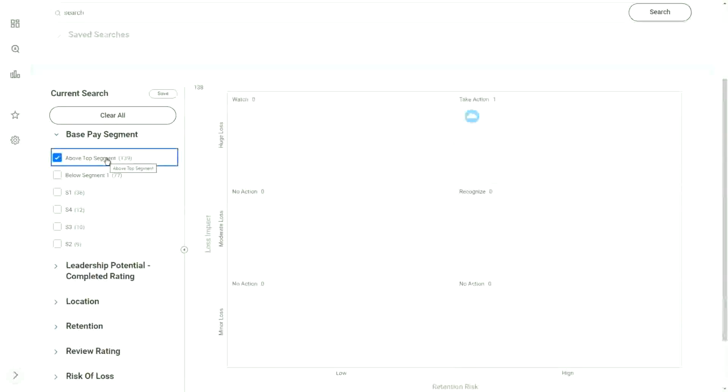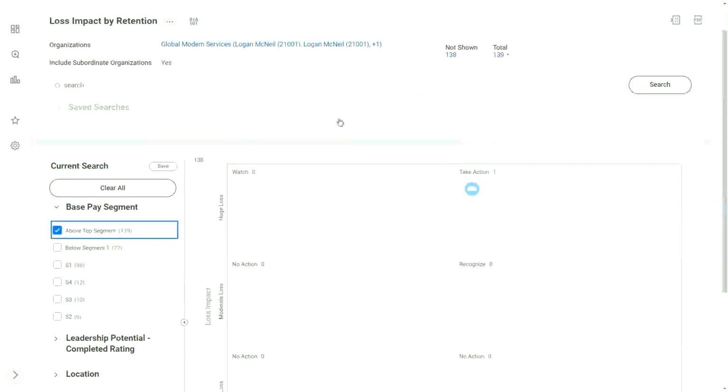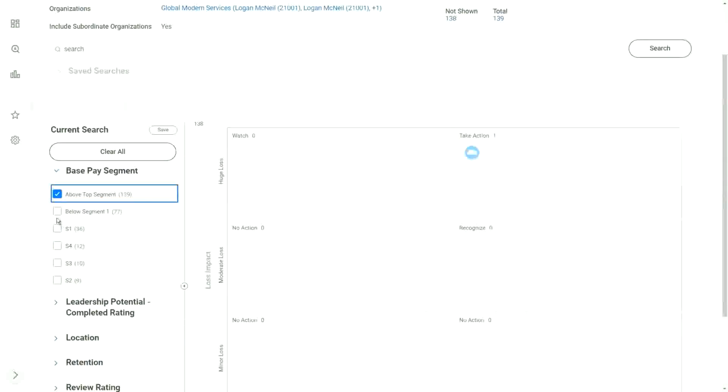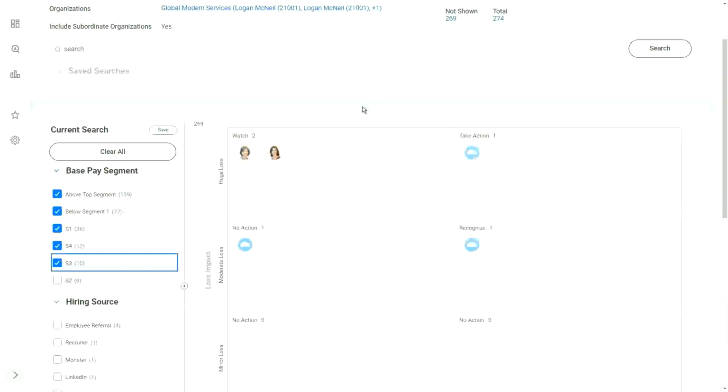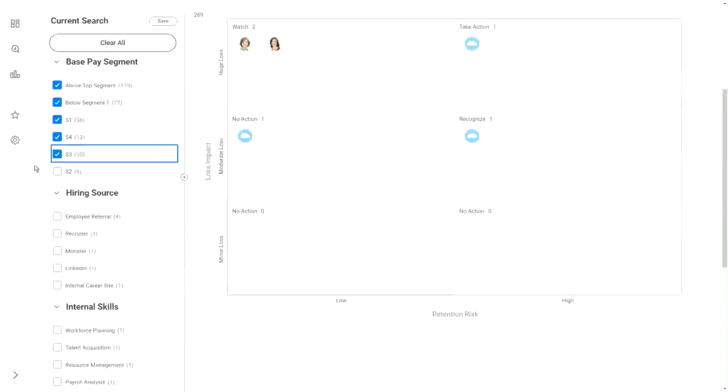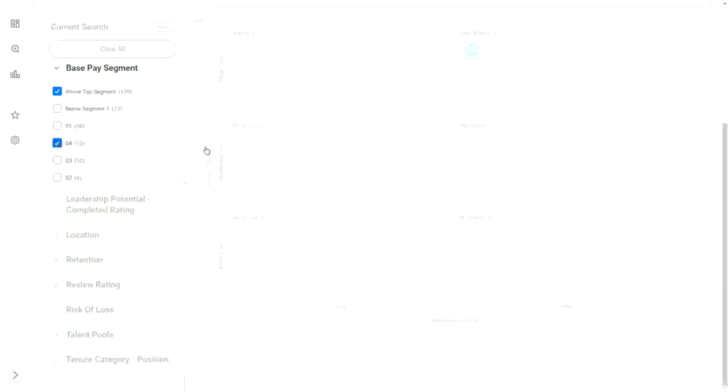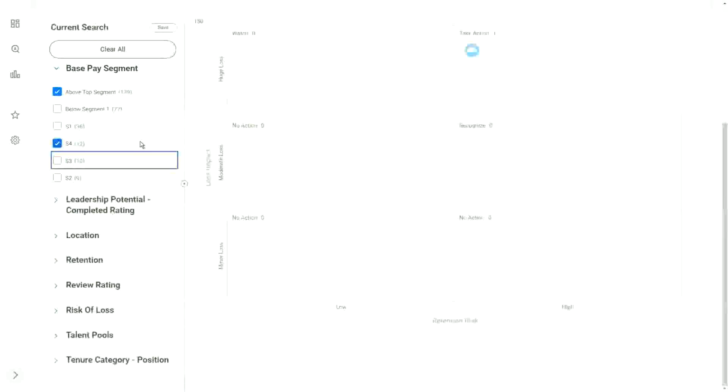Okay, let me select everything. Not shown, 139, not shown. Let me select everything. Okay. Yeah, for some reason, this report is not behaving as it should be.